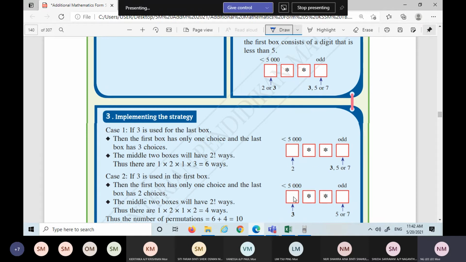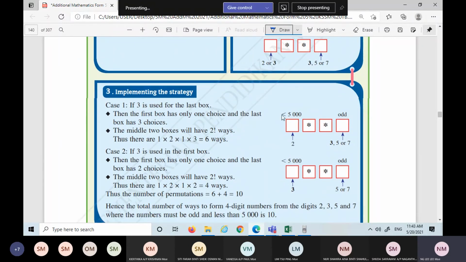Why separate into 2? Because if the first one is 2, the last one you can still put in 3, 5, 7. If the first one is 3, the last digit you can only put in 5 or 7. This is the difference. So let's say the first digit is 2. How many choices?